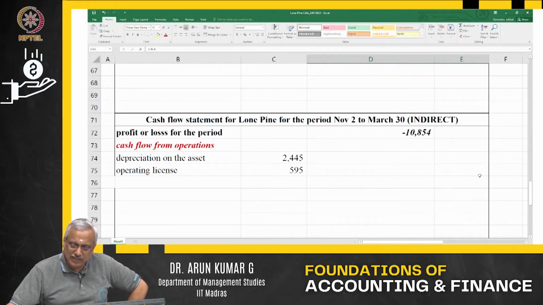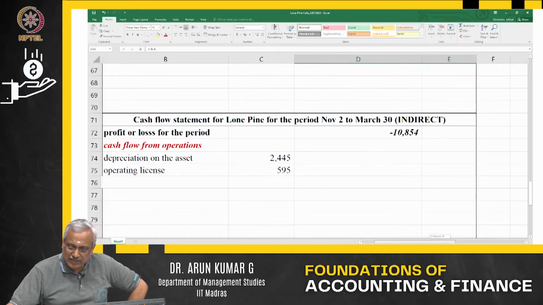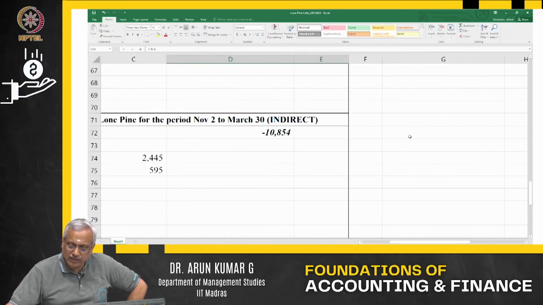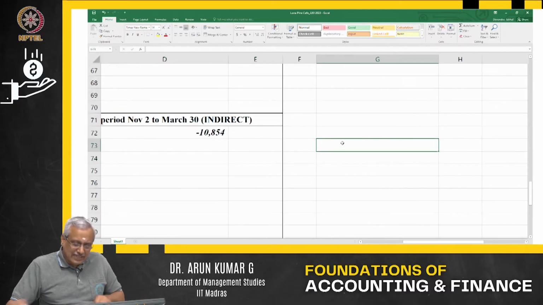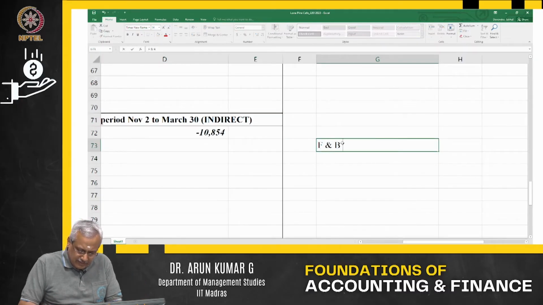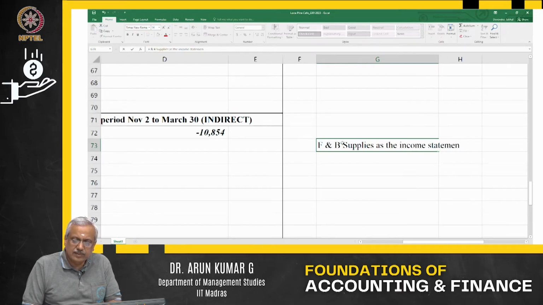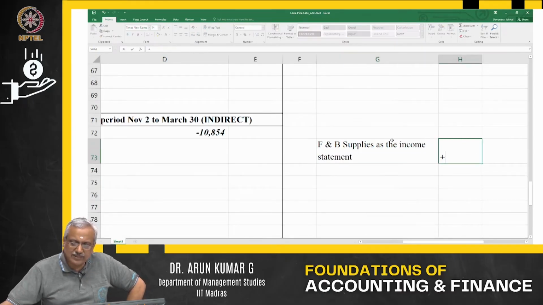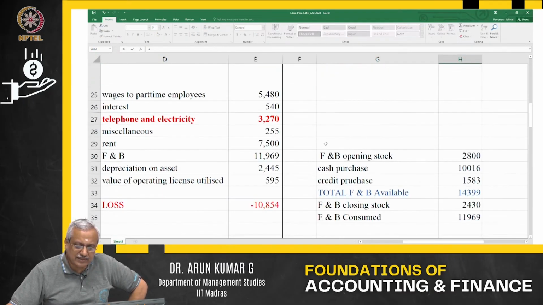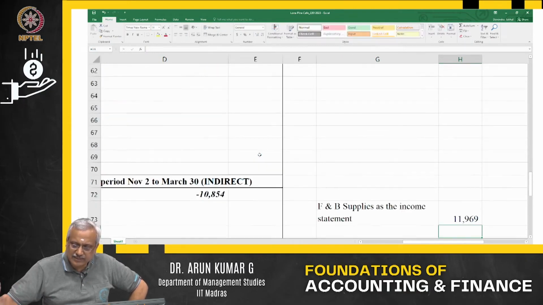Now, please watch out here. I am just going to use this space for working out some calculations. F&B supplies as per the income statement is, let us go back and get this amount, 11,969.